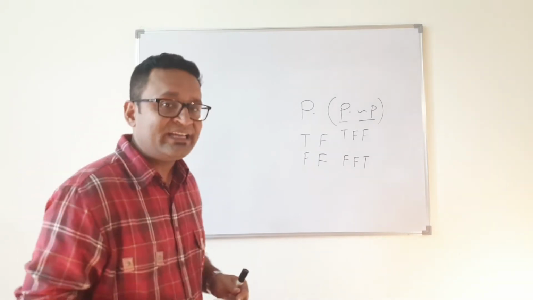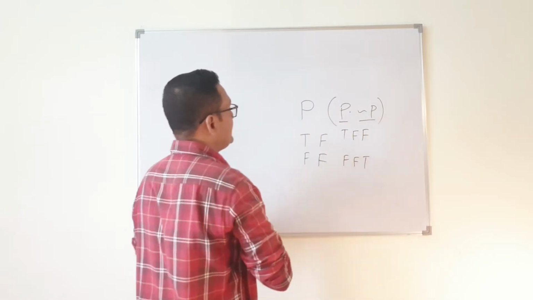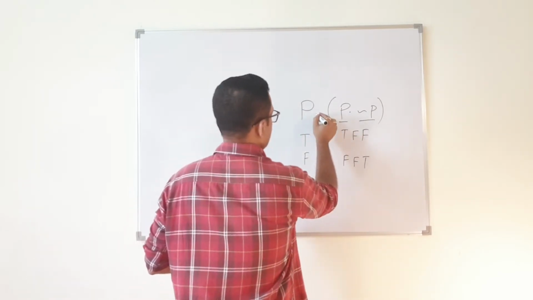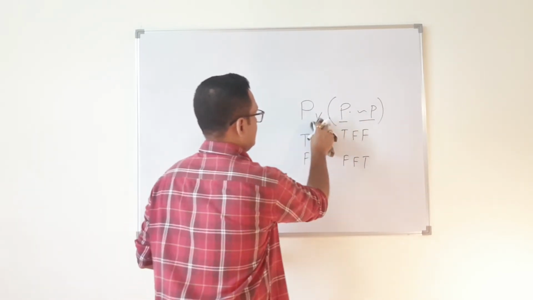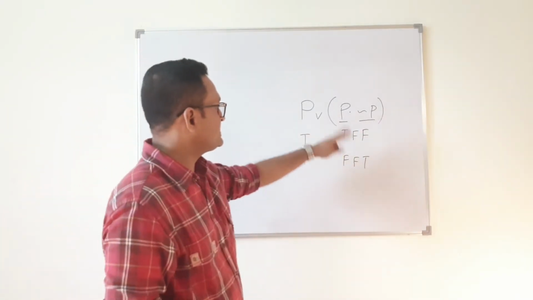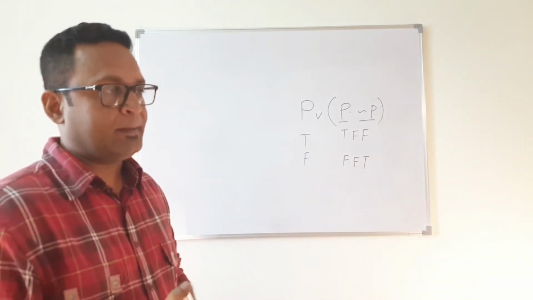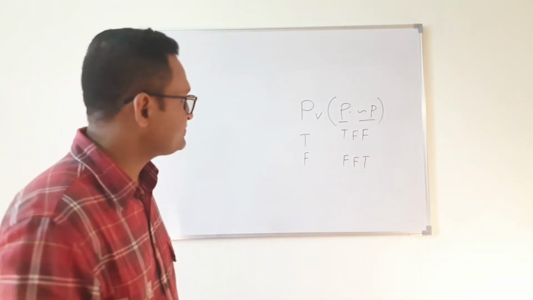Now suppose I change the expression and make it p wedge, p dot negation p. The things will remain the same. We will have this only which we need to calculate.